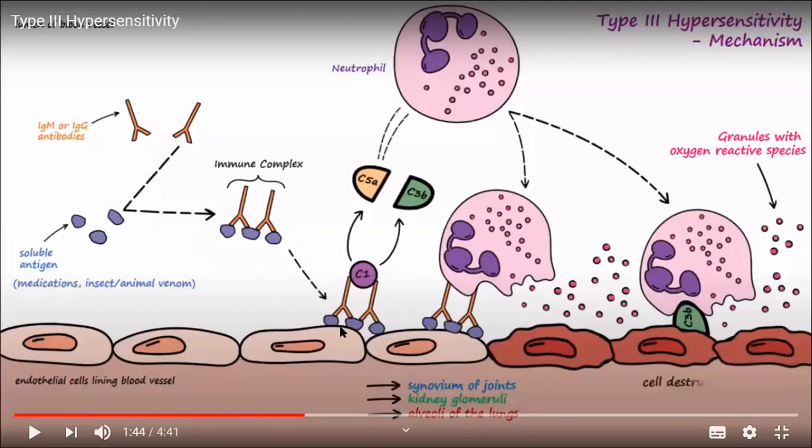When the antigen-antibody complex is bound here, it triggers the complement cascade. The complement proteins go into hyperactive mode and give rise to more complement proteins.